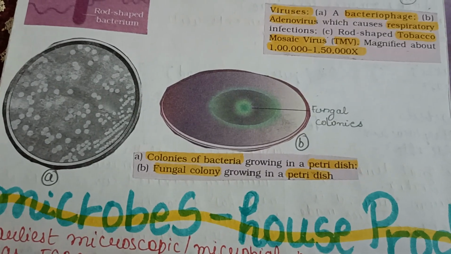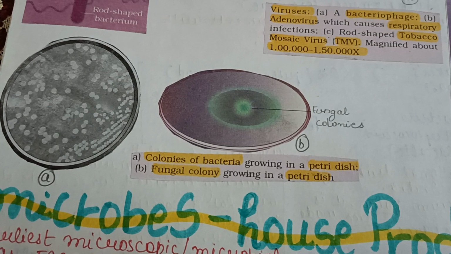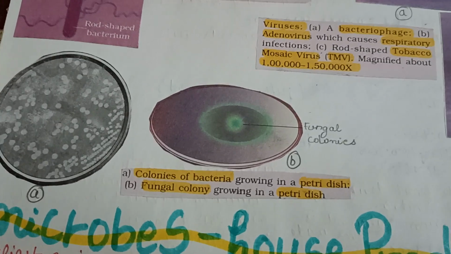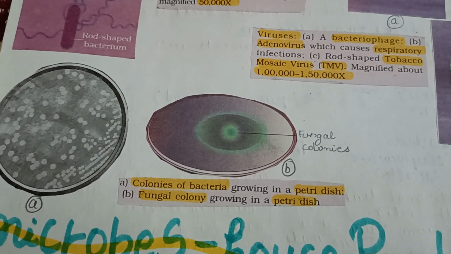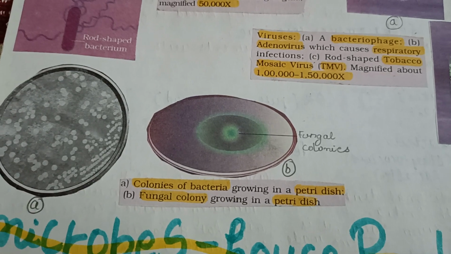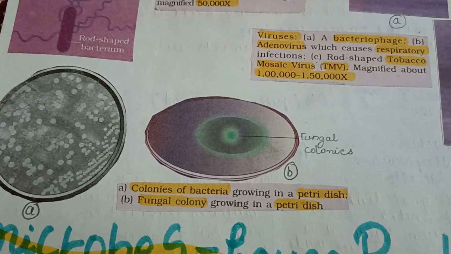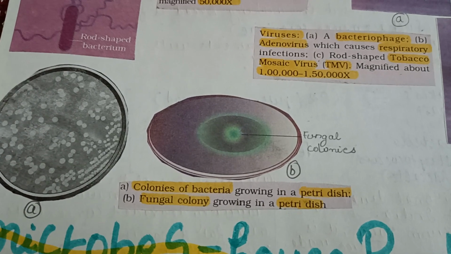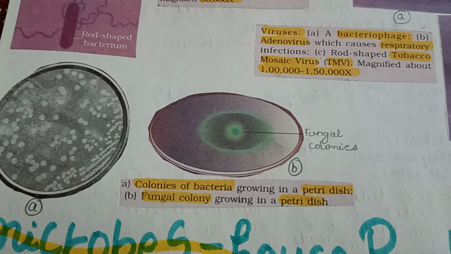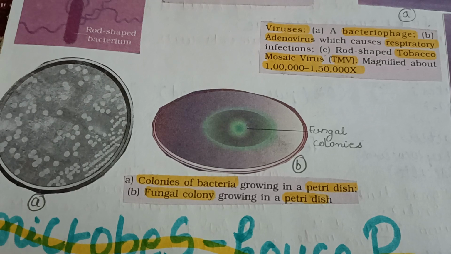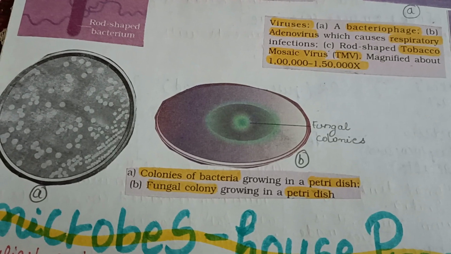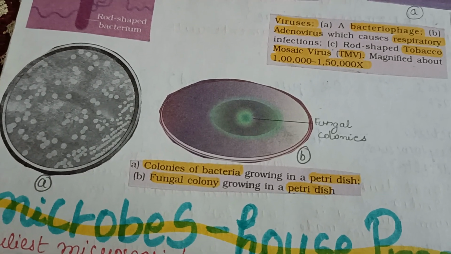Okay, then the next diagram of ours: first, the blackish one is the colonies of bacteria growing in a petri dish. In yesterday's class, we had studied that bacteria and fungi grow on nutritive media and form colonies. So these are the images of bacteria and fungi.